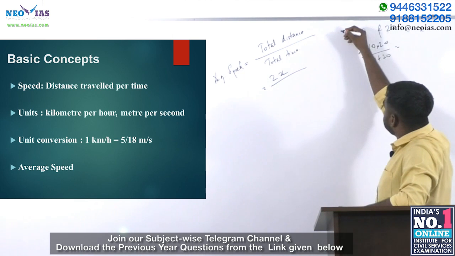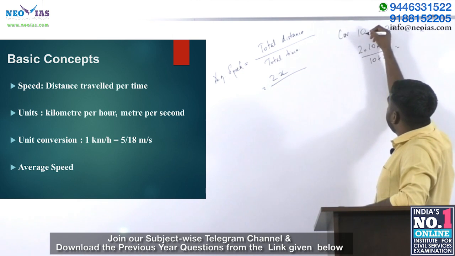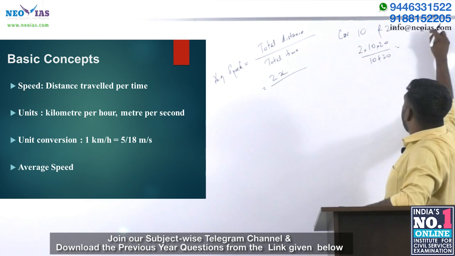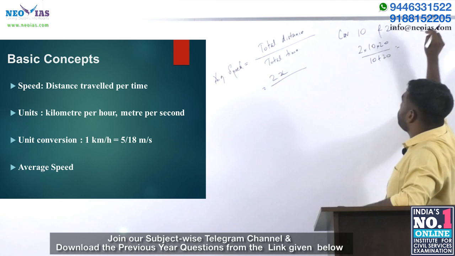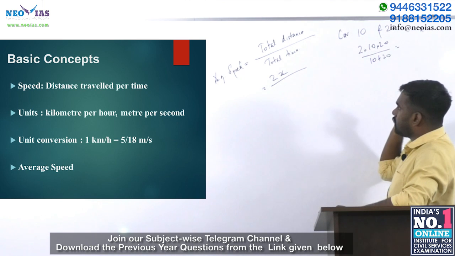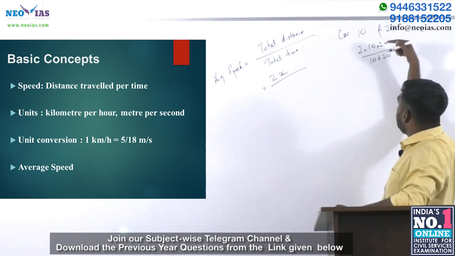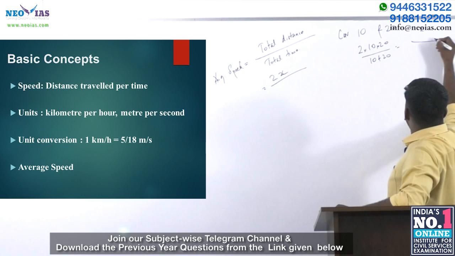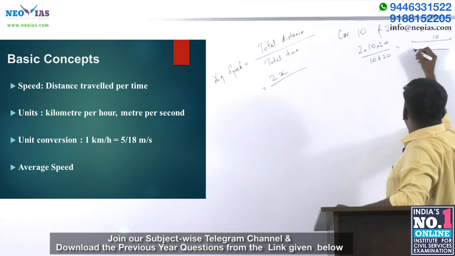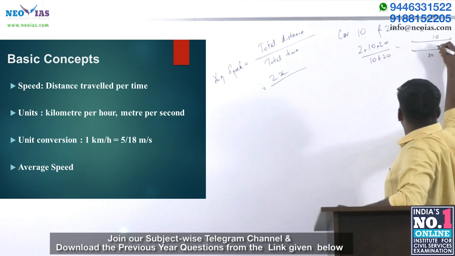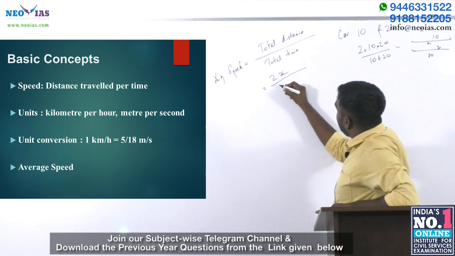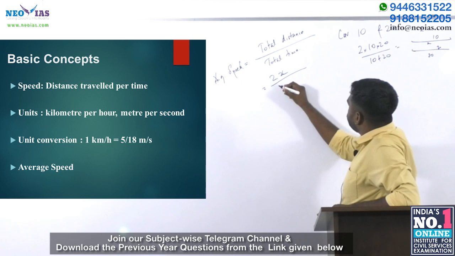One car is travelling at 10 km per hour over x distance and it returns at 20 km per hour over x distance. If such is a question, total distance will be x plus x, that is 2x, and then total time.